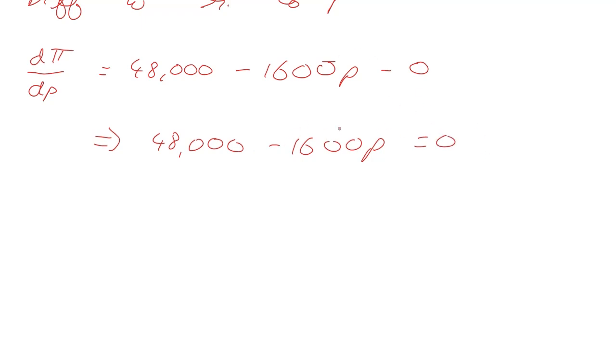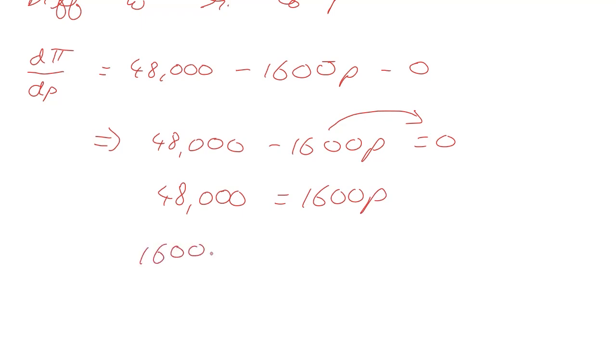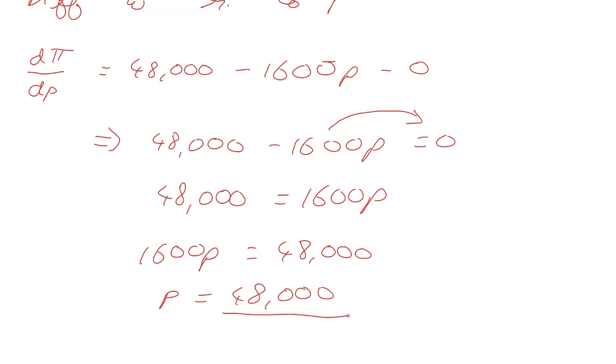Anyway, 1600 P, subtraction goes that side, it becomes addition, and we get 48,000 is equal to 1600 P. Now I take 1600 P over here, 48,000 over here, and we divide. P is equal to 48,000 on 1600.